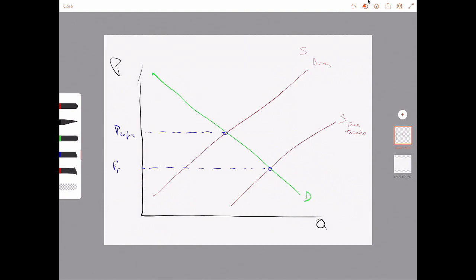Here's the price after free trade. And here is the producer surplus as a result of free trade. All right. The producers want more surplus. They want to sell more cars. Here again is the quantity for domestic producers. And here is the quantity with free trade.